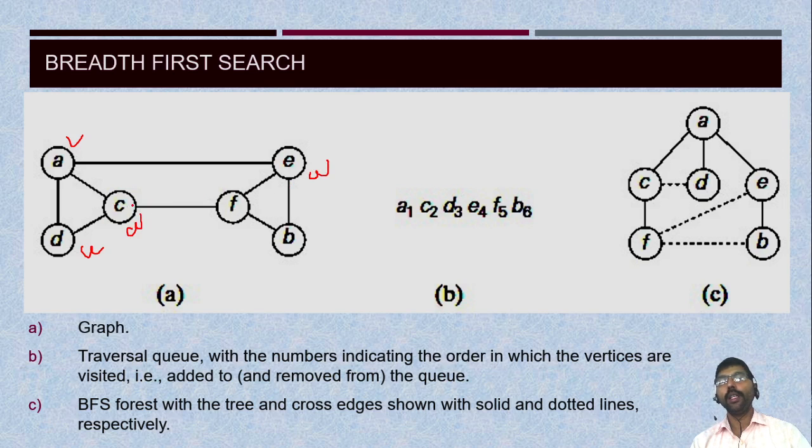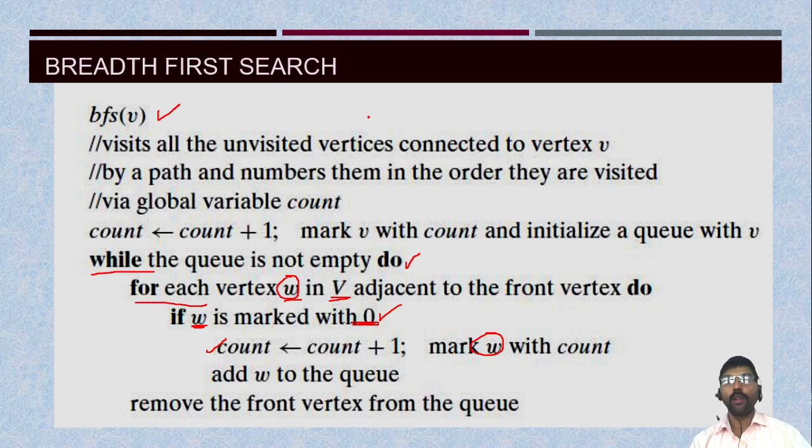The internal for loop just adds these values like C, D and E, and marks them with some number. That is the job of this for loop. Once the visited mark is added here, add that W to the queue.